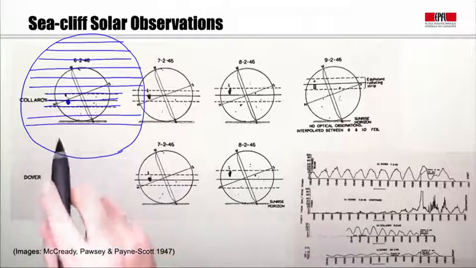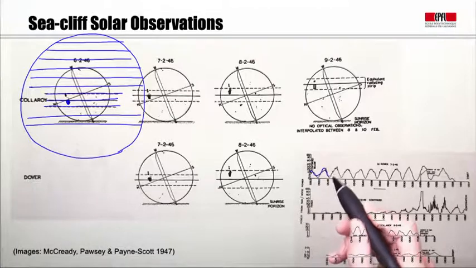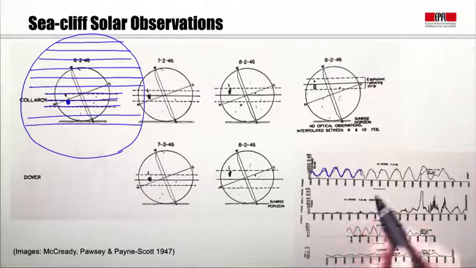And if you then record the detected intensity on a strip chart, they saw a signal like this. And that's basically the sunspot tracing out the fringes of the sensitivity pattern. And based on that, they could say, yes, now we're sure that it's actual sunspots that radiate the signal and not the entire sun.